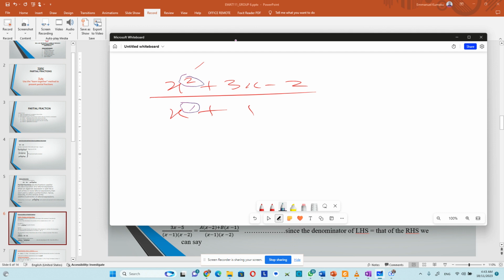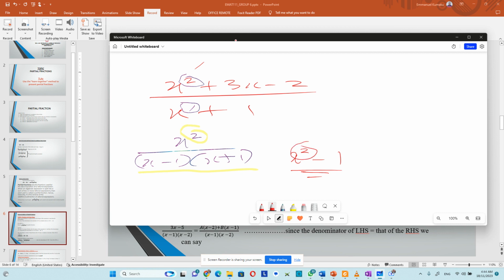Another example: x squared over x minus 1, x plus 1 is also an improper fraction, because the degree of the numerator is 2, and when the denominator is expanded into a quadratic expression we get x squared minus 1, and the degree is 2.